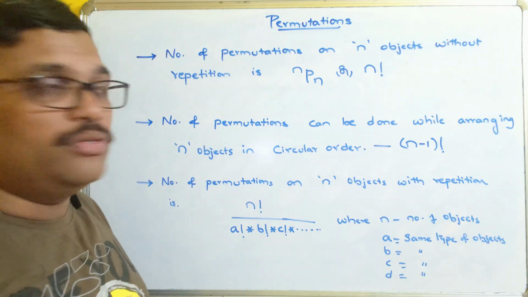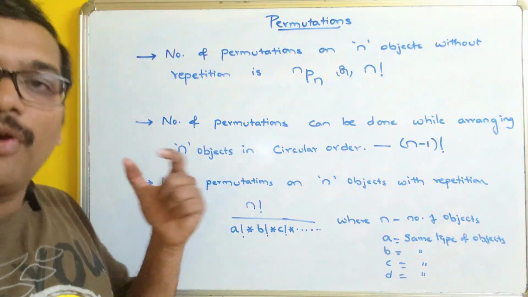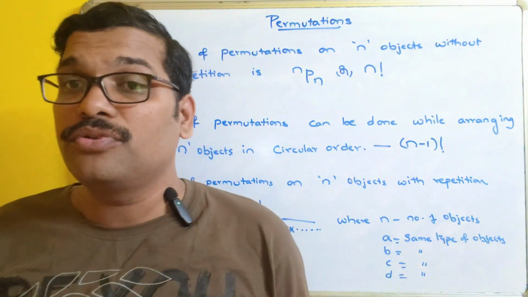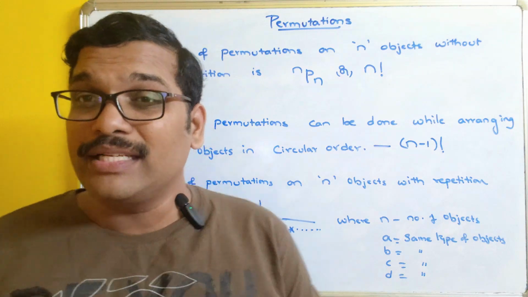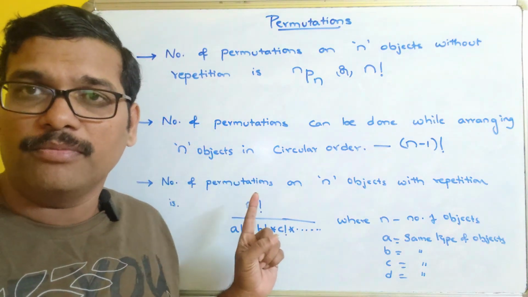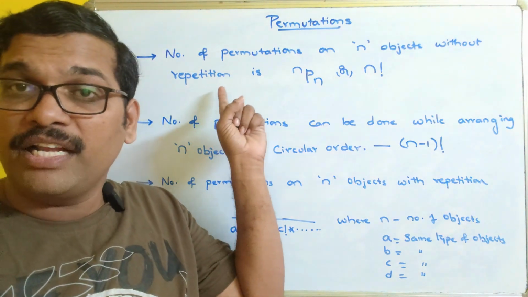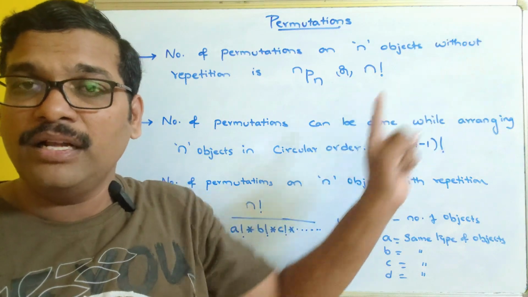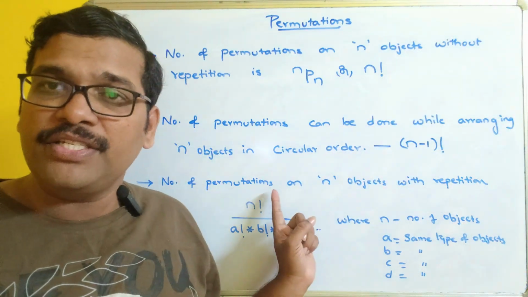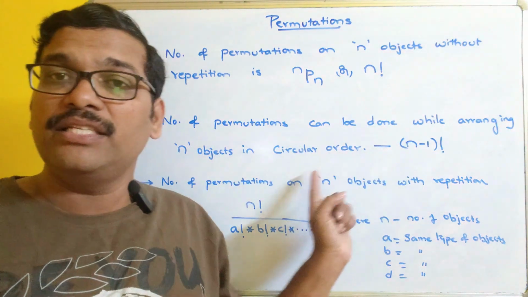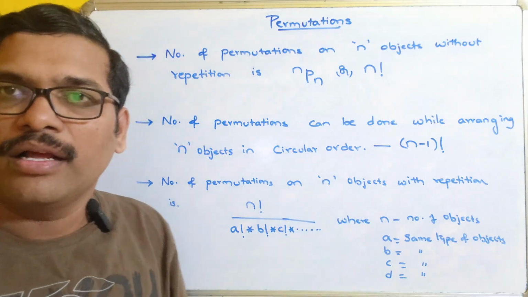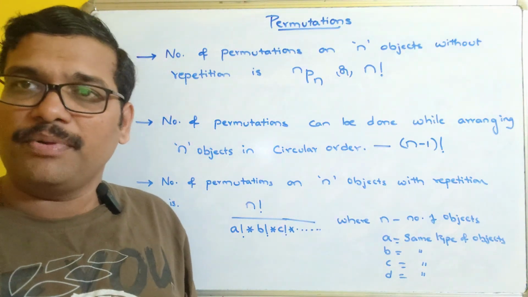Just remember these three formulas: permutations without repetition, with repetition, and arranging in a circular pattern. Now let's see a few examples.